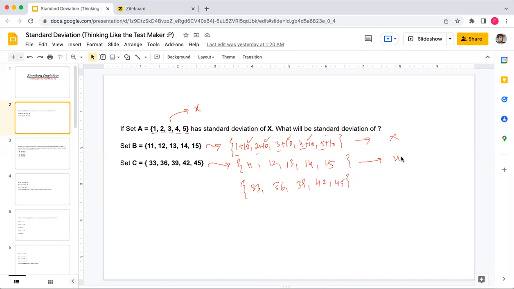And we discussed in the last class that when we multiply each element by the same number, the standard deviation is just multiplied or scaled by that number. Old standard deviation is X, so the new standard deviation will be 3 into the old standard deviation, which is 3X. So the standard deviation for B is X and for C is 3X.